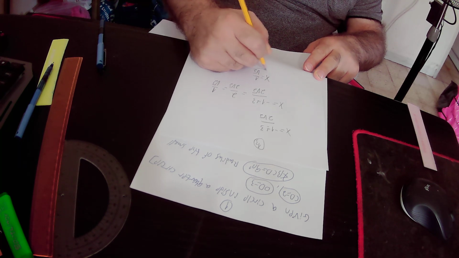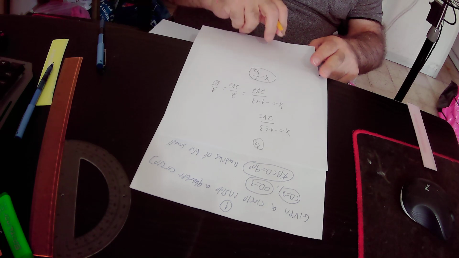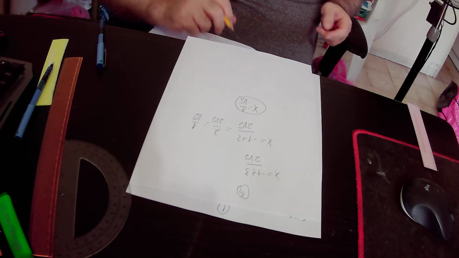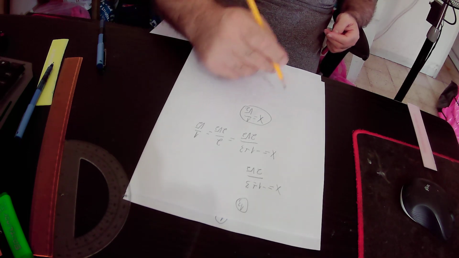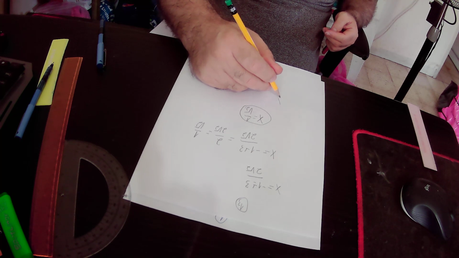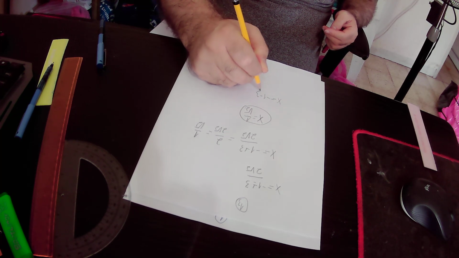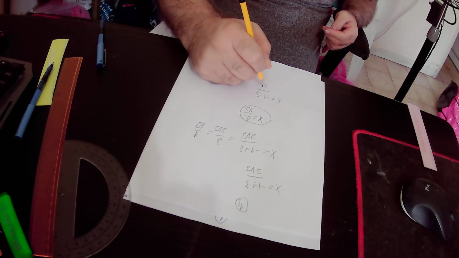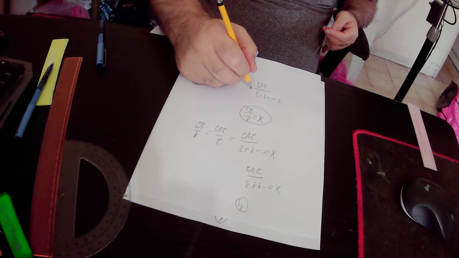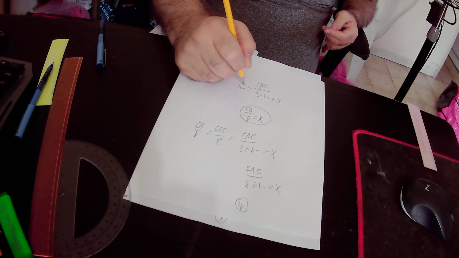That is the first solution, but we also have the second solution for x. The second solution for x is x equals minus 1 minus 3 over 2 times root 2. Minus 1 minus 3 is minus 4 over 2 times root 2.